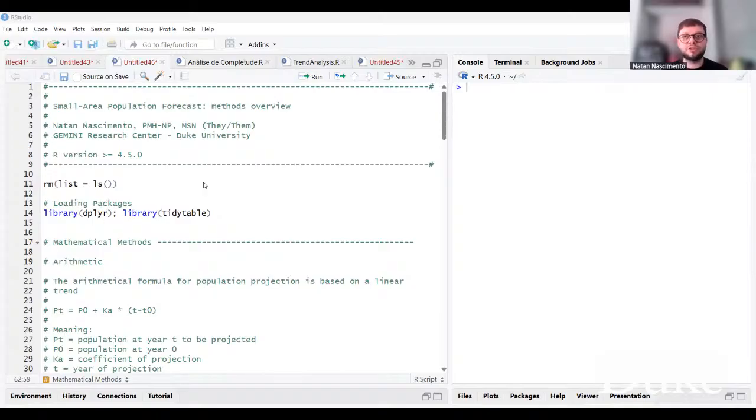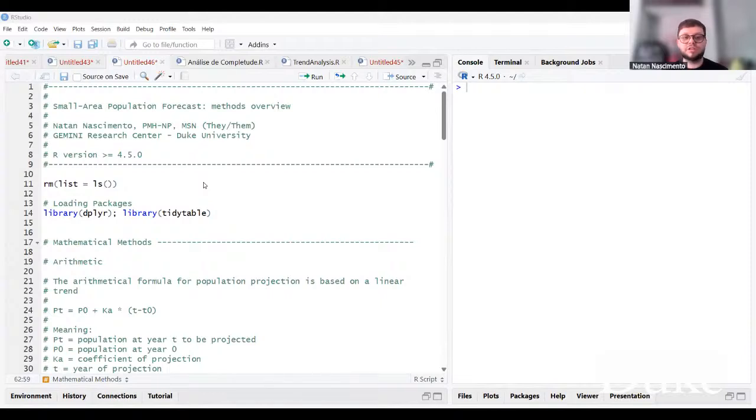And I showed in the last 5 minutes two functions that I've created to project arithmetic, geometric, and AIVI populations. Today, I'm going to show step by step how we can do that without the functions, because it's not something that needs to be difficult or depends on a function. We can create those projections based on simple numbers.